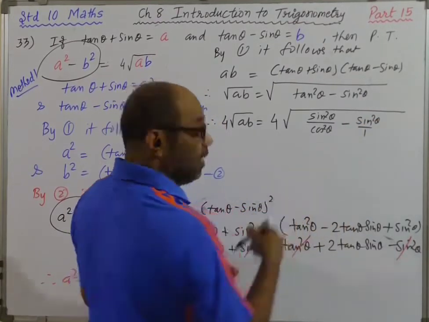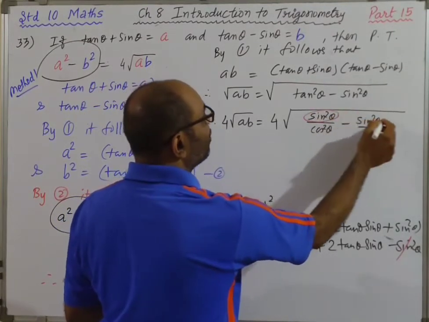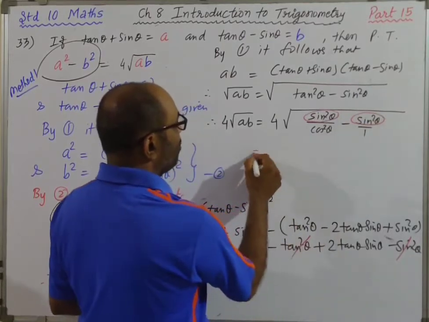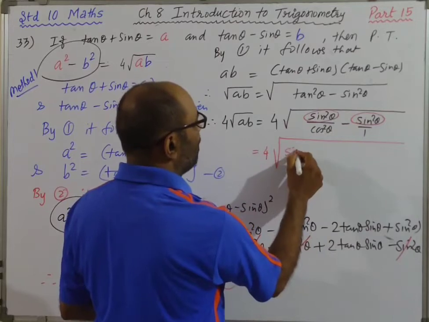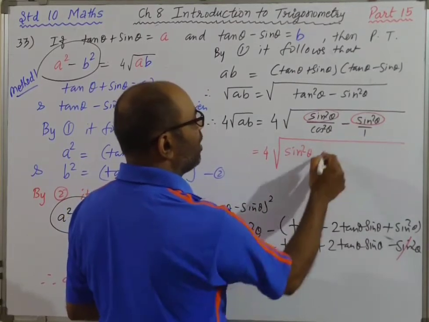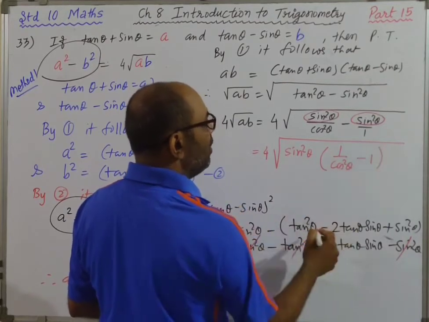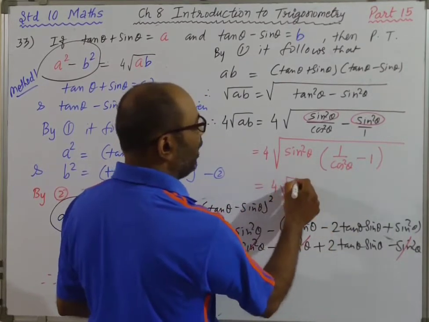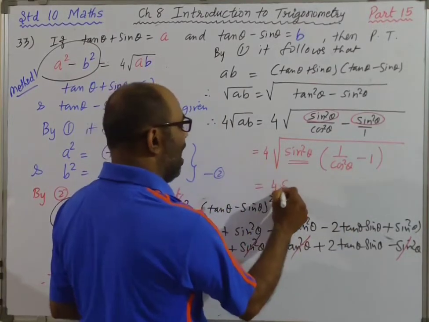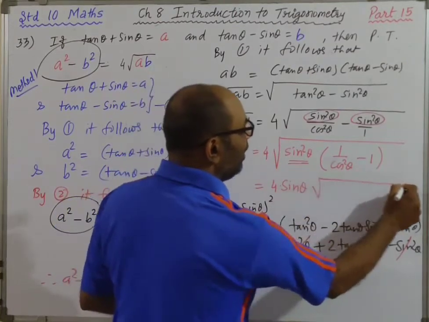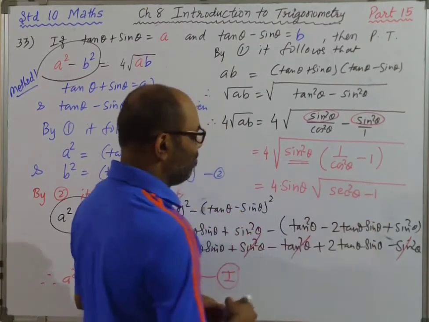If you want, you can write. Children, if you want to make your work easier, see this in these two terms in the numerator sin square. So that is 4 into square root रहेगा, sin square theta is common, bracket में 1 upon cos square theta और minus 1. That is equal to 4 into children square है bracket से बाहर, so sin theta into 1 upon cos square is sec square theta और minus 1.